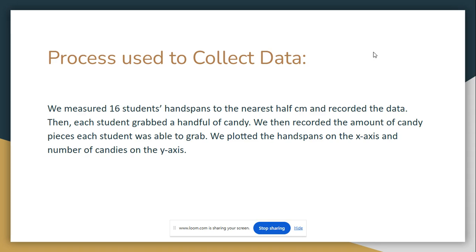We measured their hand span, and if their hand was big, we predicted that they would grab more pieces of candy. And so you have to just tell me how you collected your data. You used a survey. You didn't actually collect the physical data, but you still had to decipher which data was correct and which data was probably inputted wrong into the survey. So you need a slide for that.